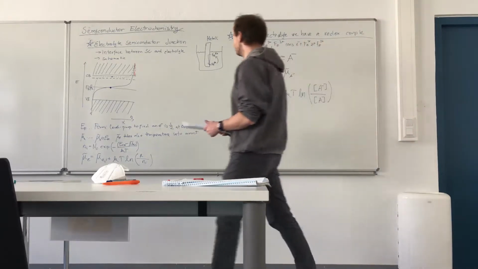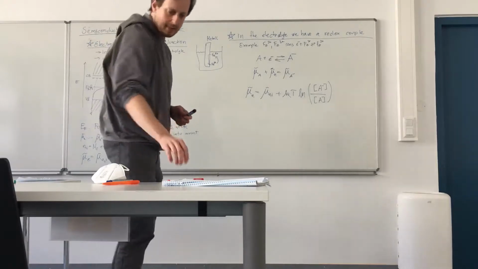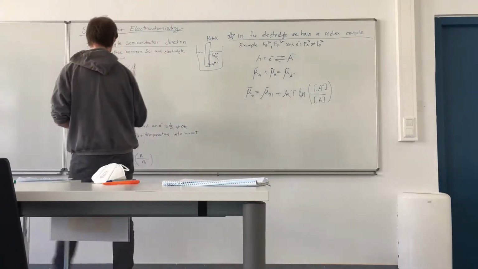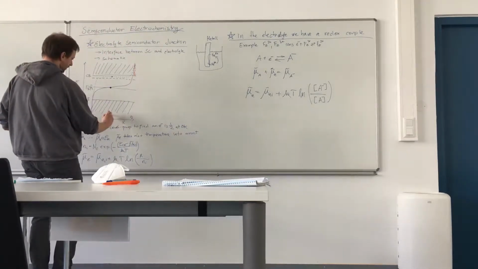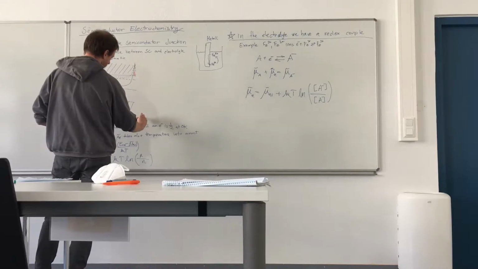So now we can add to our drawing some new elements. Here we still are in the semiconductor. You can add here now the electrolyte.